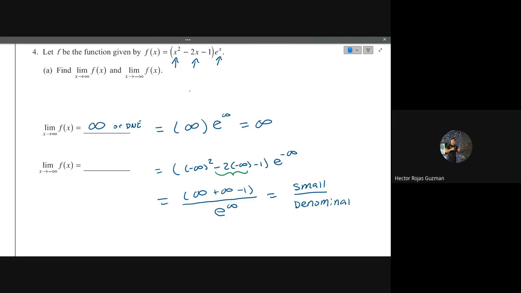Oh, why am I writing denominator? I meant to write big. Small over big. The denominator grows significantly faster. So small over big is always going to be 0. We get, oh, we only get 1 point for this one. They both have to be correct.